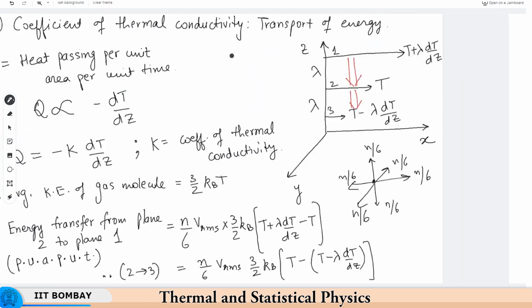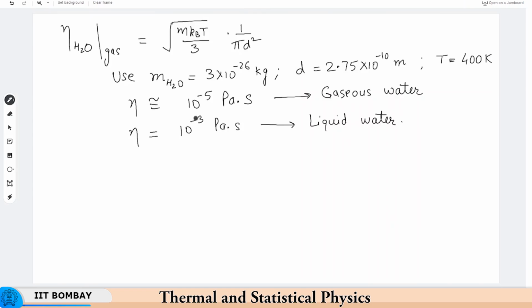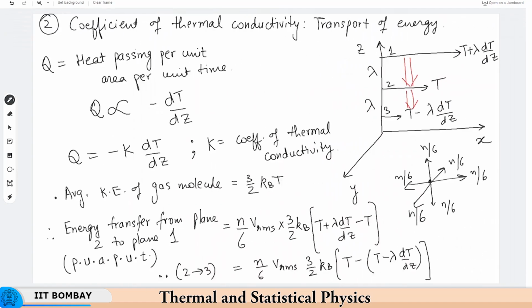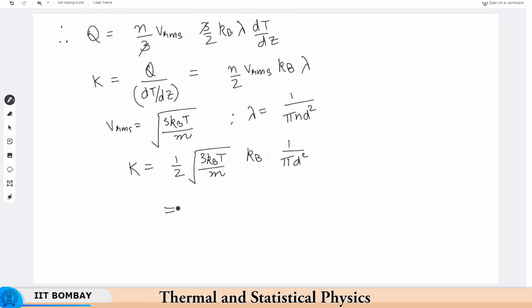And remember, we also had a form for the coefficient of viscosity, which had similar looking terms, and if we just substitute the value of viscosity into this relationship, okay, you can very easily see that this is nothing but equal to 3 by 2 eta divided by m times kB. Okay.